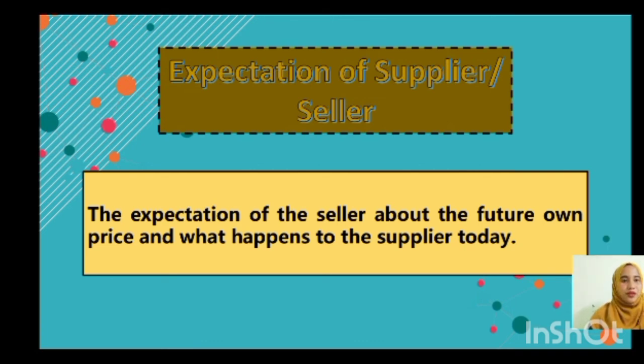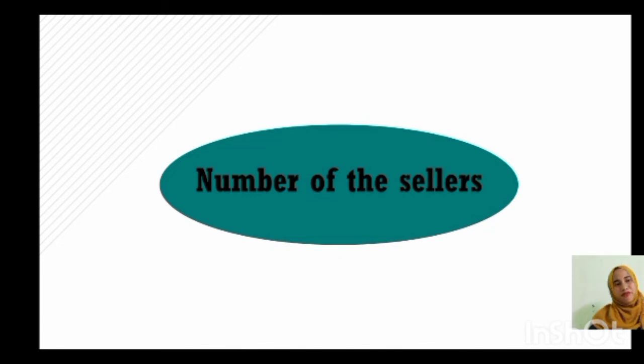Okay? So that is the relationship of the own price and the expectation, the non-price factor of the quantity supply. So we have here the fourth one, the number of the sellers.